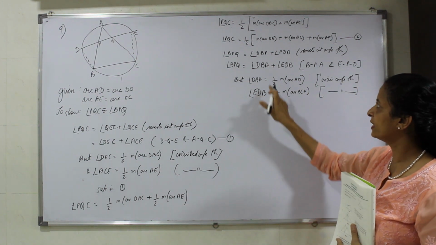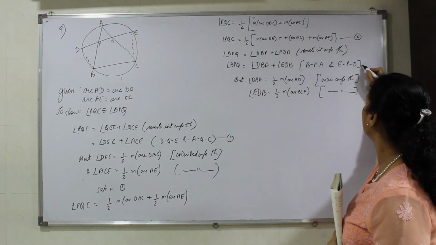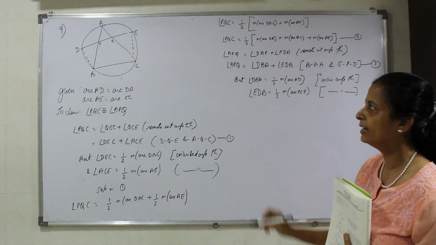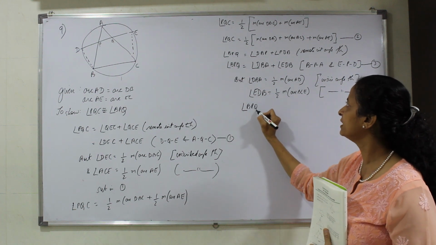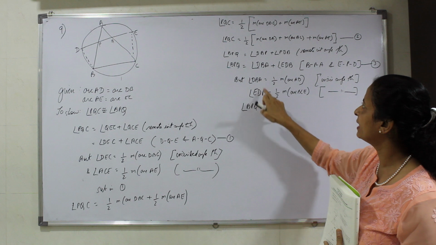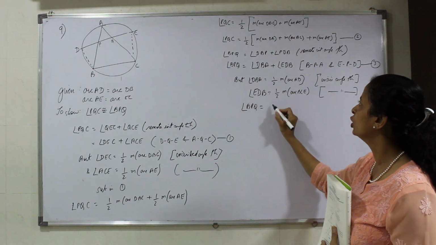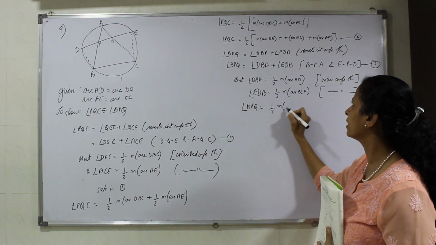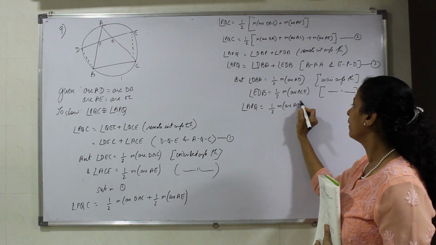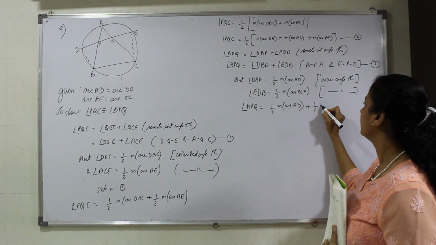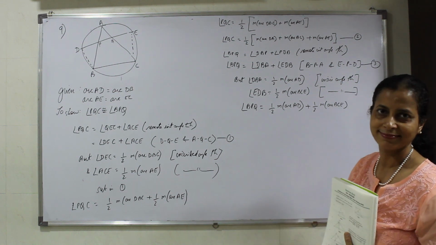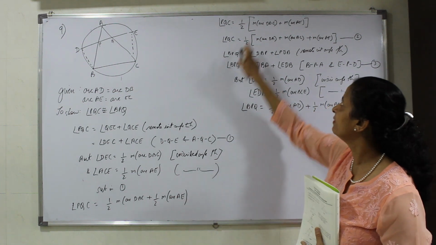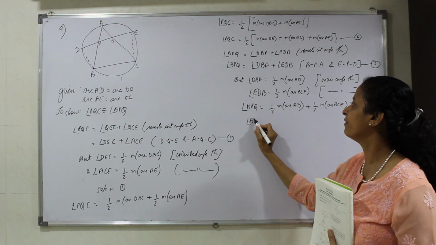If I pick up these two changes and put it into, let us leave this as an equation number 3. And so we have, starting from here, BPQ is equal to, instead of DBA and EDB, I write these two. So it is a half measure arc AD plus a half measure arc BCE. Here again, just like this, we take a half common. And so what do I have for BPQ?